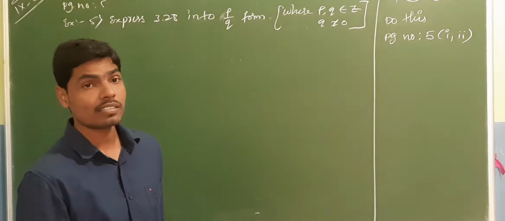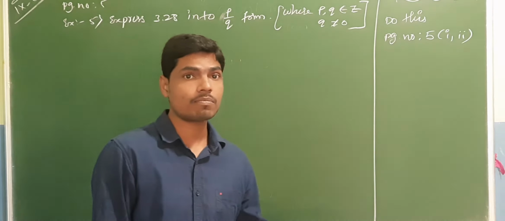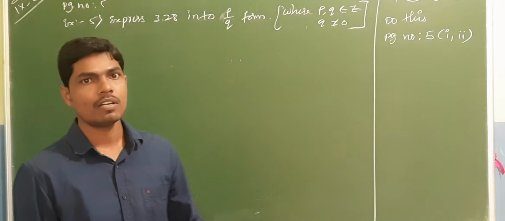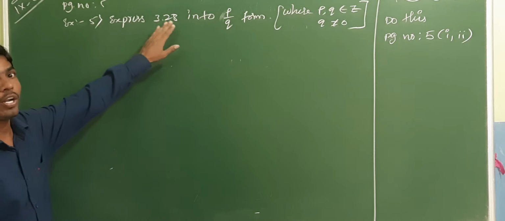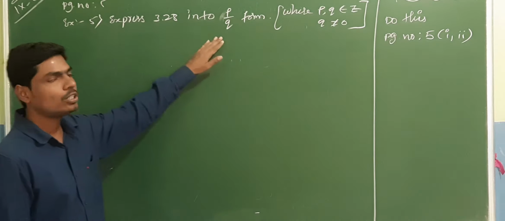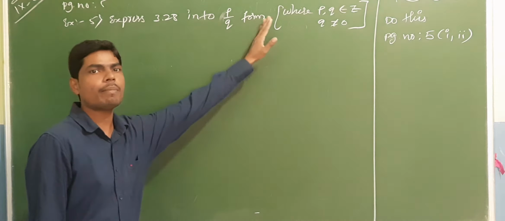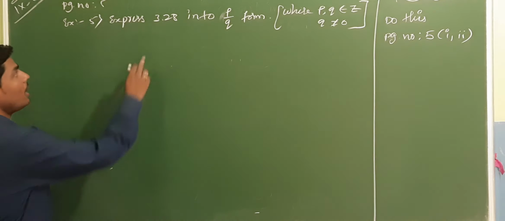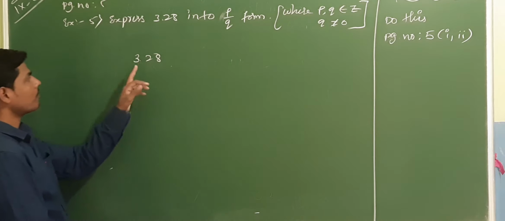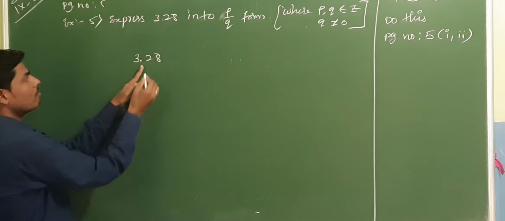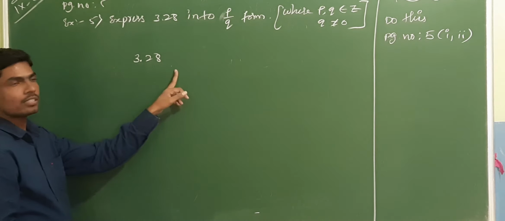Till now we have discussed rational form to decimal form. Now here is one problem: express 3.28, that is decimal form, into rational form, that is p by q form. So listen. In 3.28, before the point there is 1 digit, after the point 2 digits.